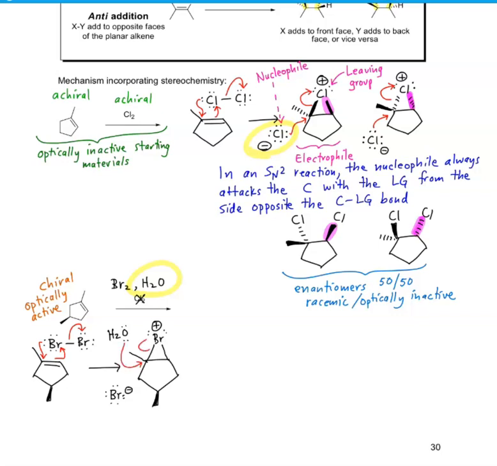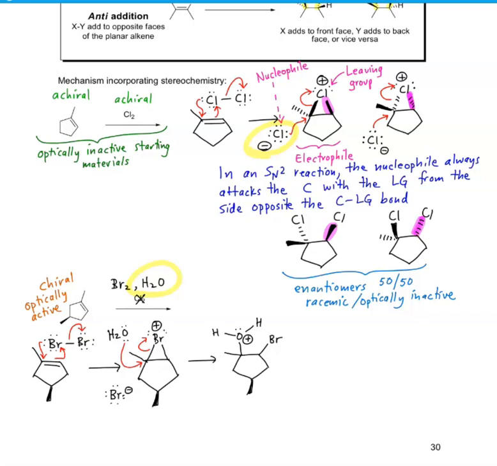It attacks at the more substituted carbon, opens the ring, and the two hydrogens and the lone pair that were also attached to the oxygen go along for the ride. So we've seen this pattern before.